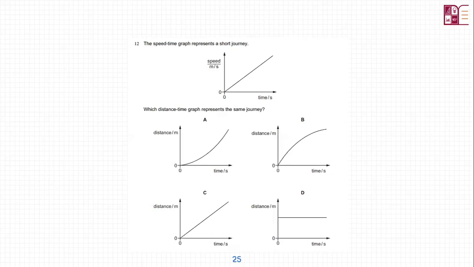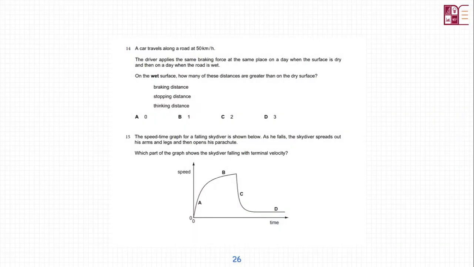So the correct answer for this is option A. As you can see that the gradient is getting steeper, it's increasing. And what's the gradient of a distance time graph? It's speed. And you can see that the gradient is increasing and this speed is also increasing here. So option A is the correct answer to this.